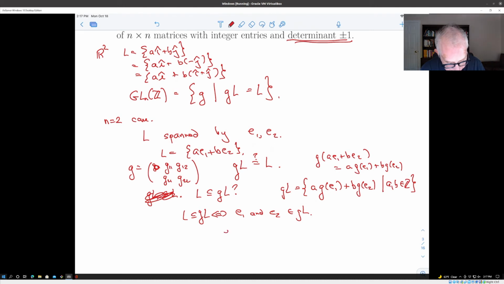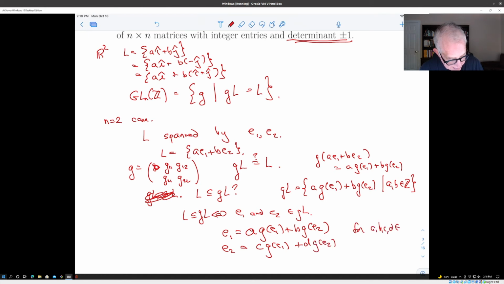And that would mean that E1 has to equal, let's say, AG of E1 plus BG of E2. And E2 has got to equal CG of E1 plus DG of E2 for some A, B, C, D in Z.